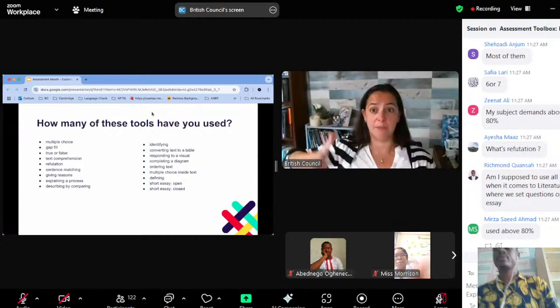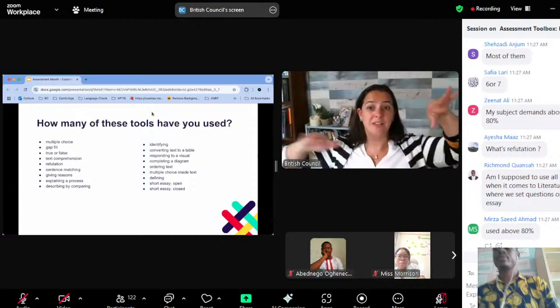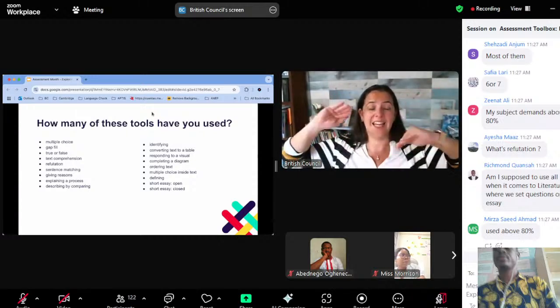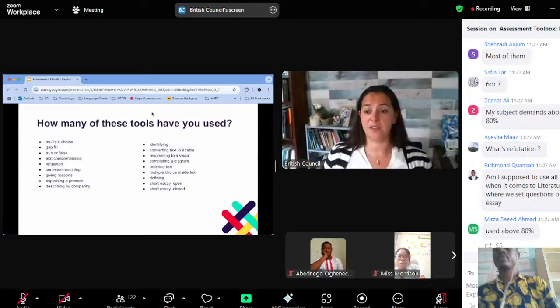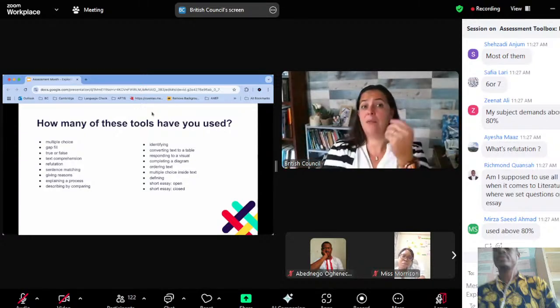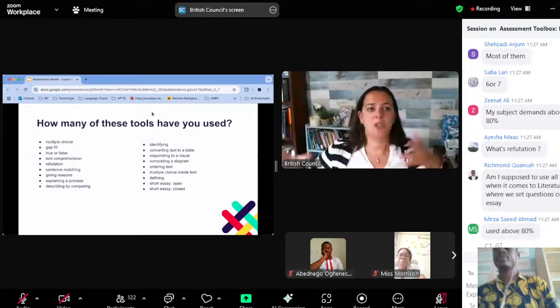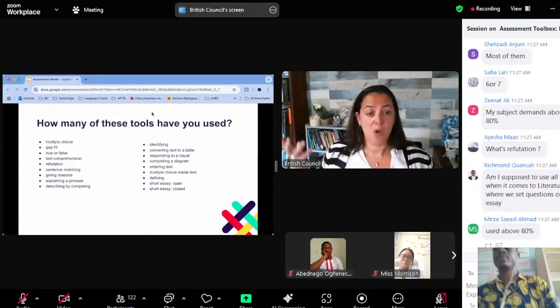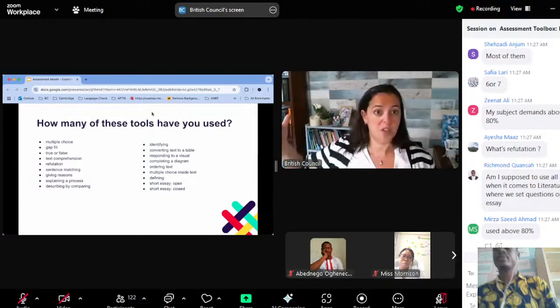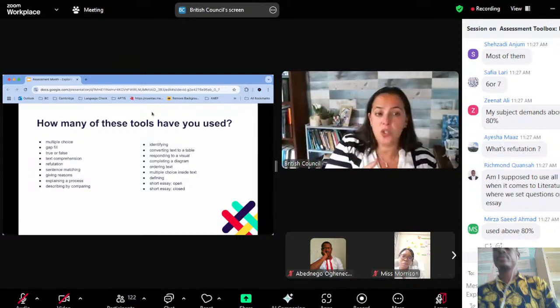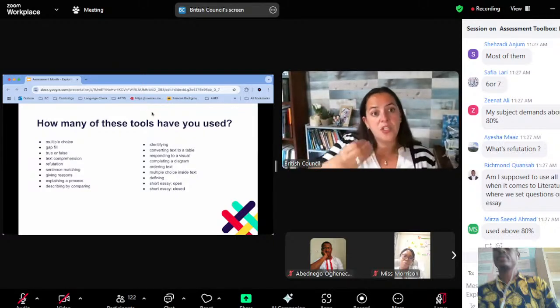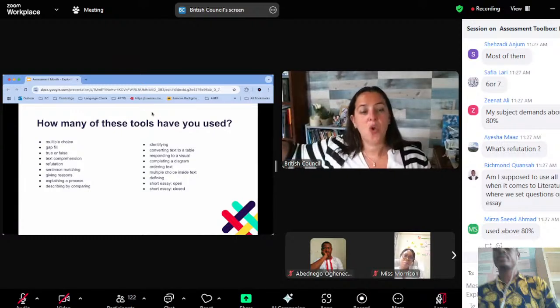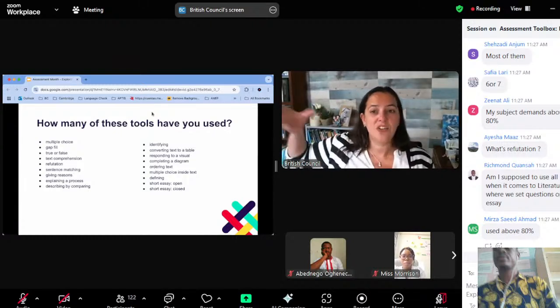In essays, for example, I might ask them to put the paragraphs in order, or write only an introduction. I might do a game. It doesn't matter how you use the tools, but think about your international test, or the test that you choose to design. Which of these tools do you use? And make sure that students are practicing these tools during the year. It's not just about learning how to do the exam.